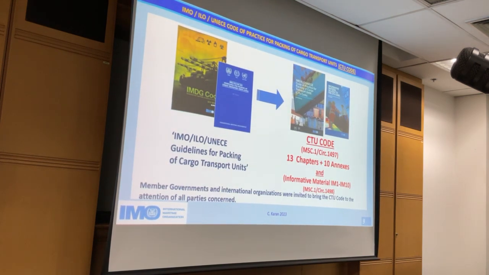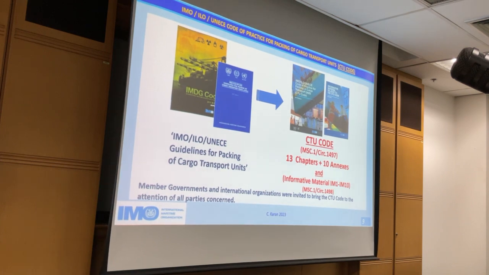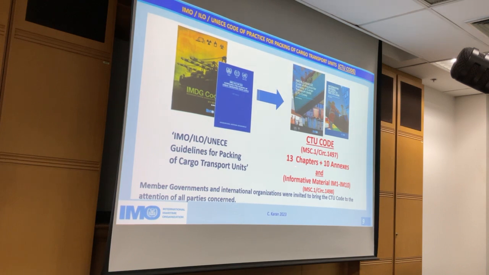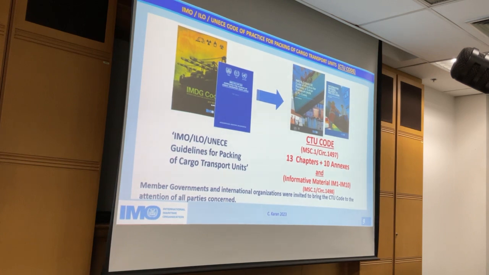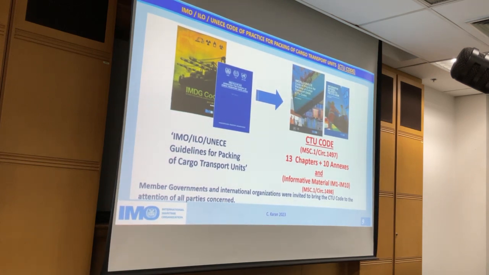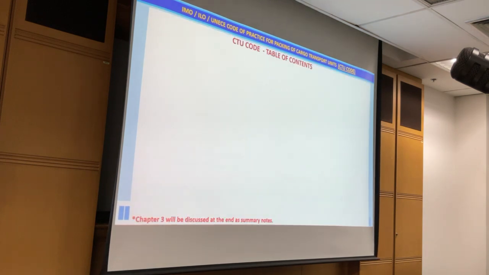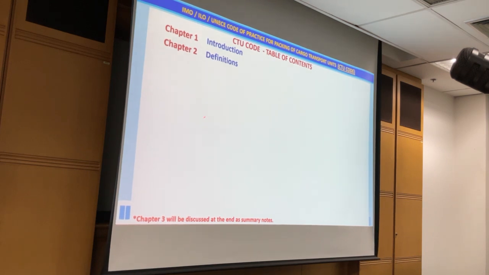As you see, MSC Circular 1497 is the revised CTU code with 13 chapters, 10 annexes, and the Circular 1498 is the informative material, 10 parts, informative material 1 to informative material 10.